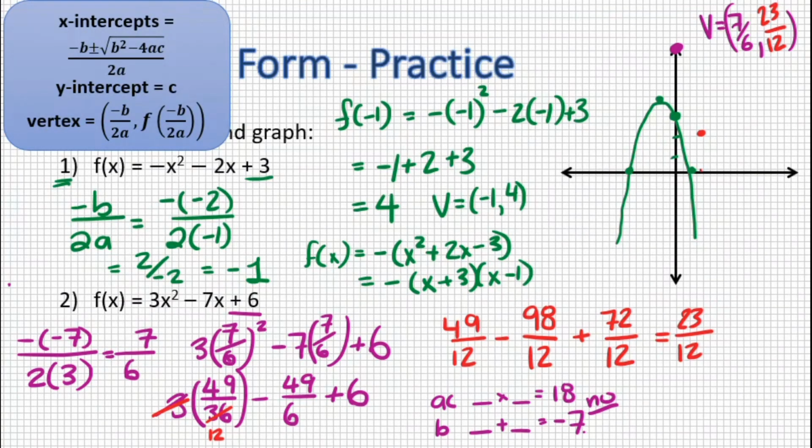So I am stuck using the quadratic formula. So quadratic formula time, we're going to do negative negative 7, which is positive 7, plus or minus the root of 7 squared, which is 49, minus 3 times 4 times 6, which is 72, and here we stop. This parabola has no roots.